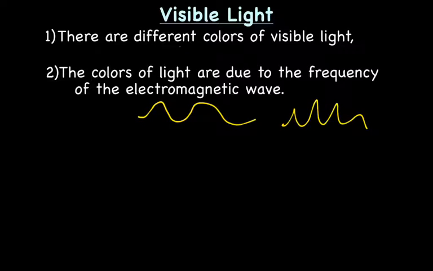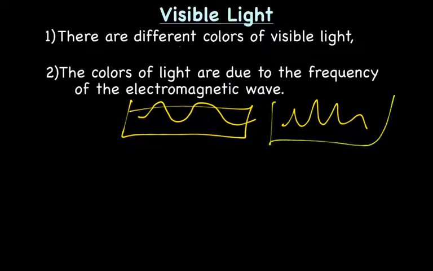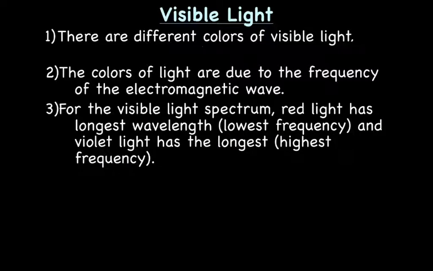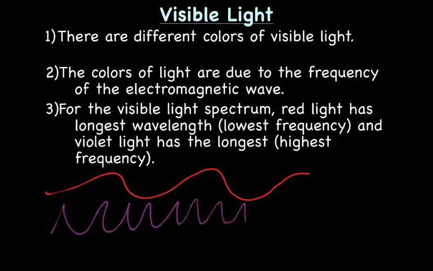A wave of light like this we would see as a different color than an electromagnetic wave with that sort of frequency. For the visible light spectrum, red has the longest wavelength and the slowest frequency, something like that, and violet has the highest frequency, something like that.